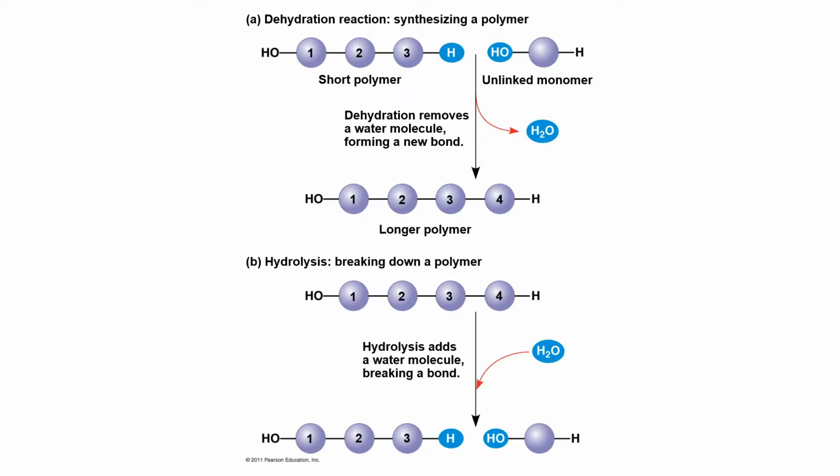So they talked about 2 different types of reactions. You have dehydration reactions and you have hydrolysis reactions. Dehydration reactions are used for synthesis, so you're making a polymer.